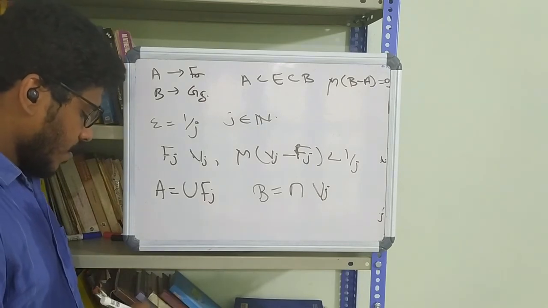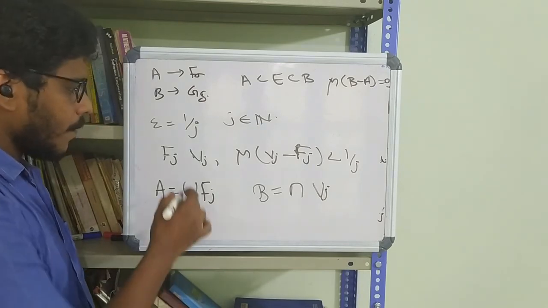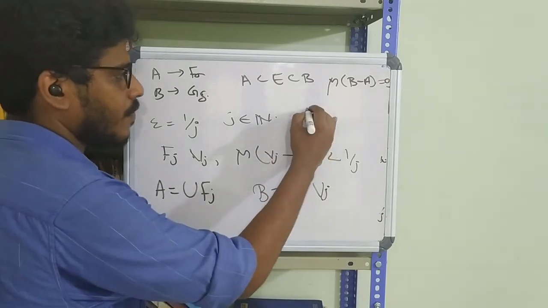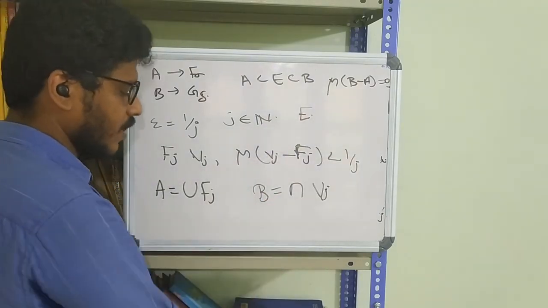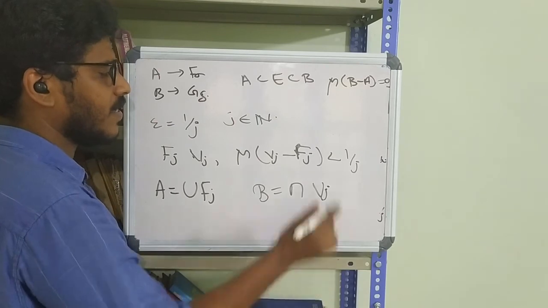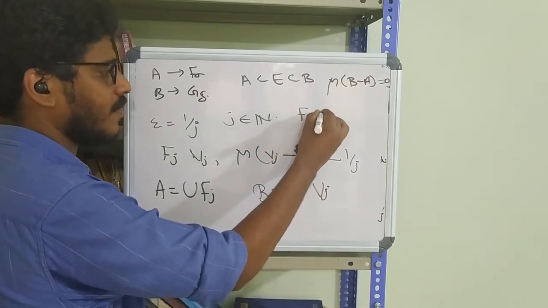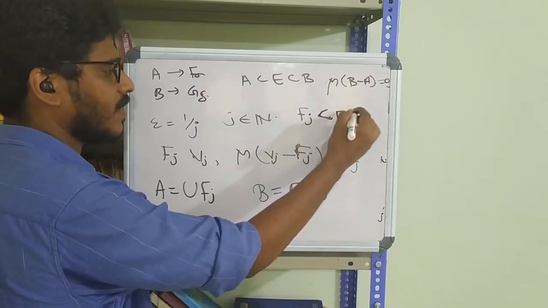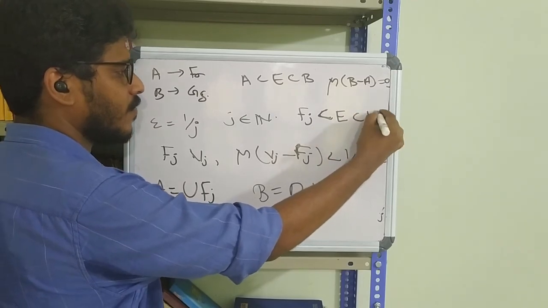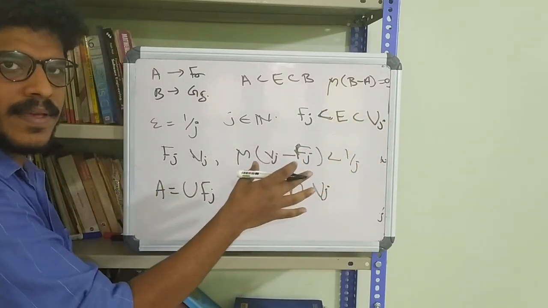Right. Also, remember these Fj's and Vj's are defined such that Fj is contained in E contained in Vj for any J. Right.